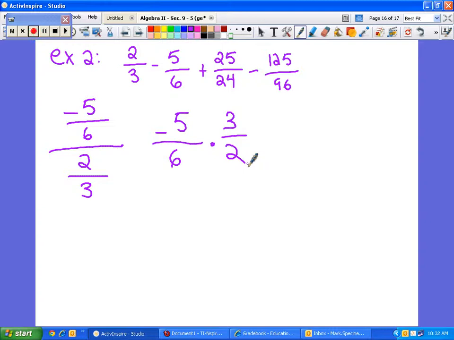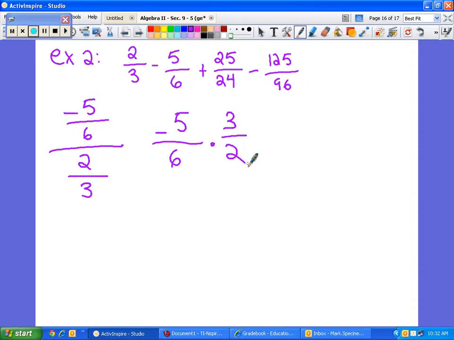So instead of dividing by 2/3, we're going to multiply by 3/2. When we multiply two fractions together, we have two ways to go. We can either multiply and then simplify, or as I like to do, simplify and then multiply. I always find that to be easier.